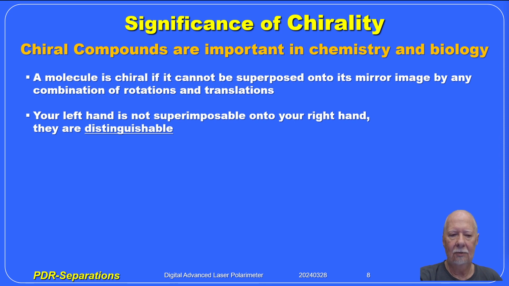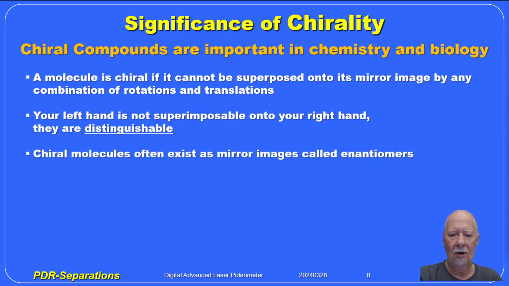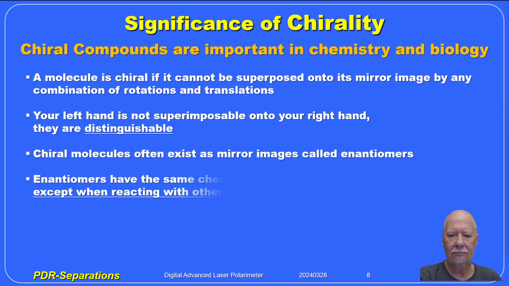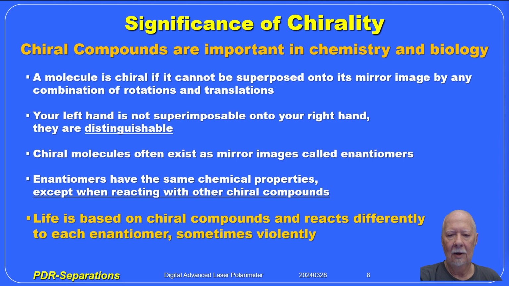They are distinguishable. Chiral molecules often exist as mirror images called enantiomers. Enantiomers have the same chemical properties, except when reacting with other chiral compounds. Life is based on chiral compounds and reacts differently to each enantiomer, sometimes violently.